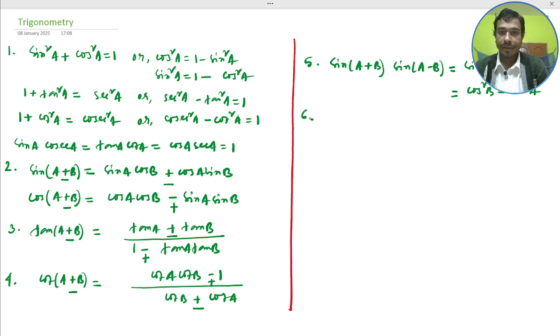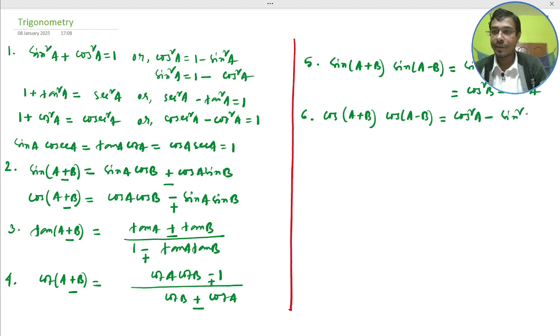Next, cos of a plus b into cos of a minus b is equal to cos square a minus sin square b, which is equal to cos square b minus sin square a.